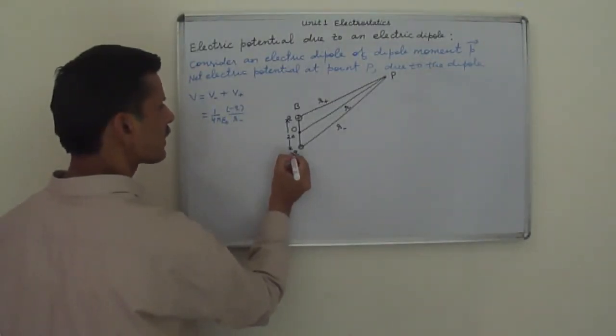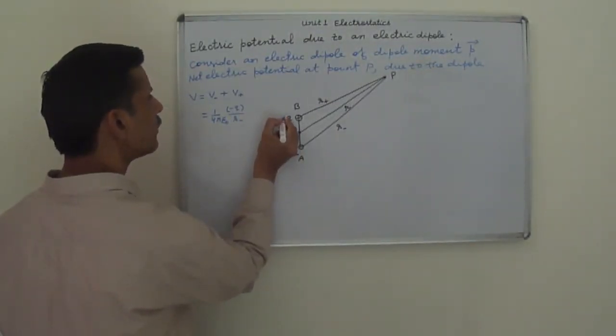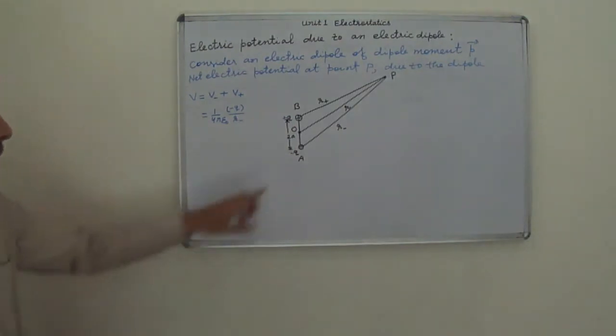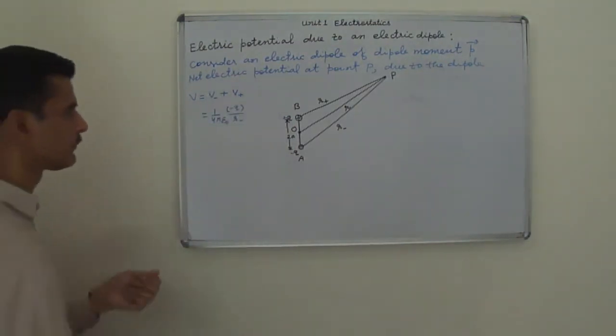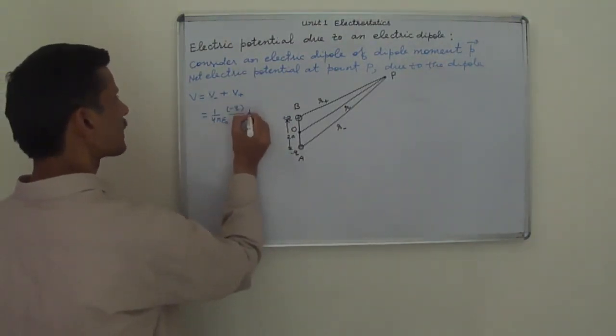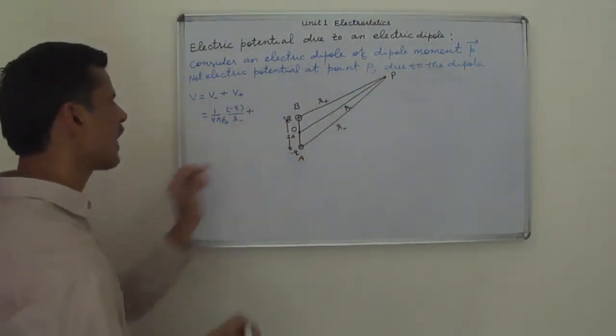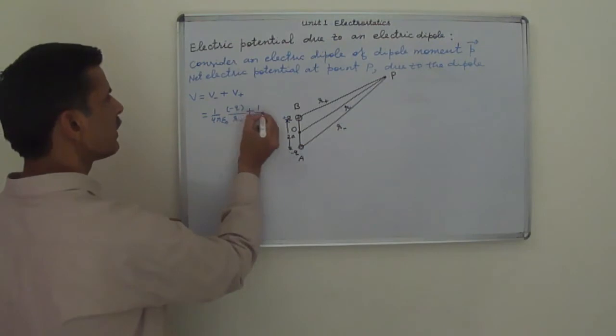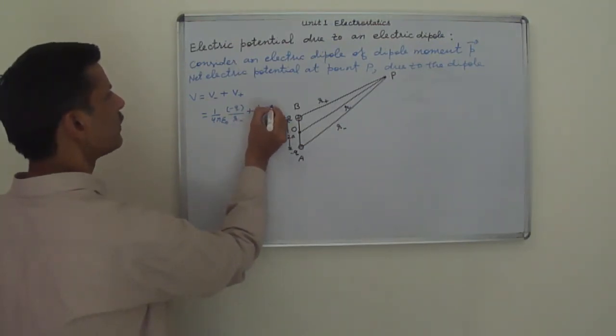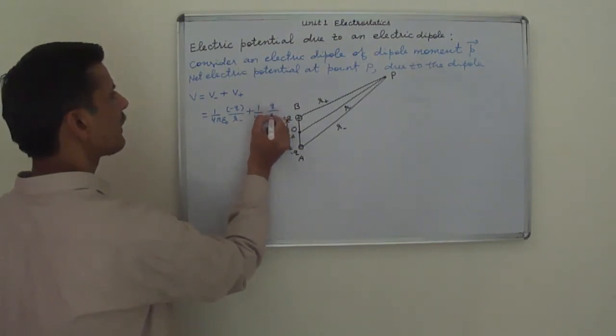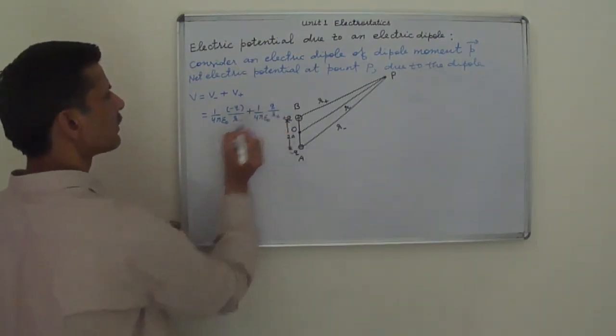Actually this charge is minus Q and this is plus Q. Plus potential at point P due to plus Q charge, so it is 1 upon 4 pi epsilon naught Q divided by R plus.